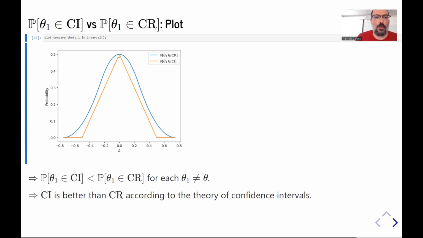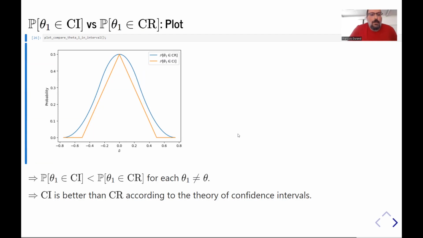So here for the confidence interval, as I told, it decreases linearly with delta until delta is equal to 1/2. And for the credible region, it decreases quadratically until delta is equal to 3/4, in fact.